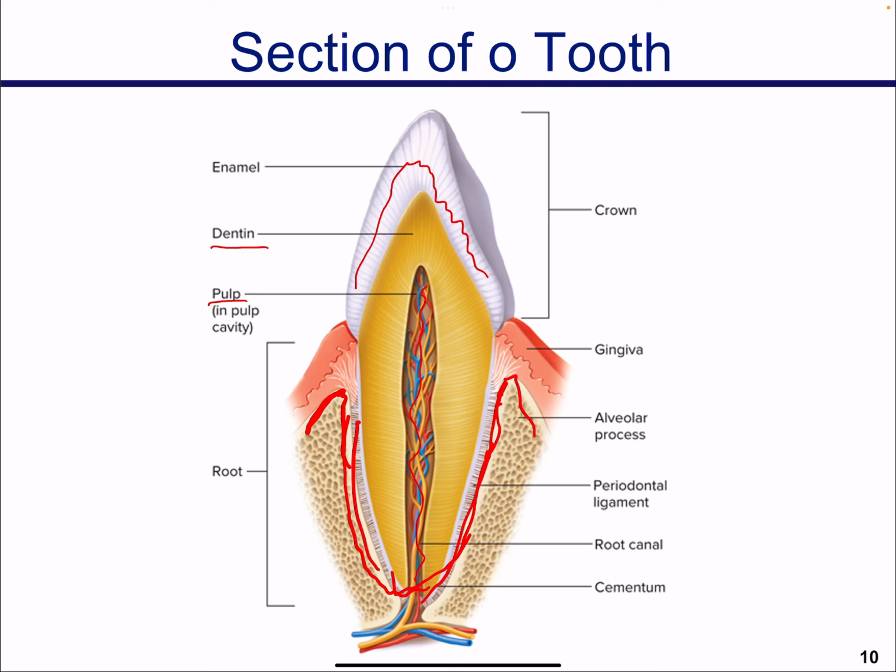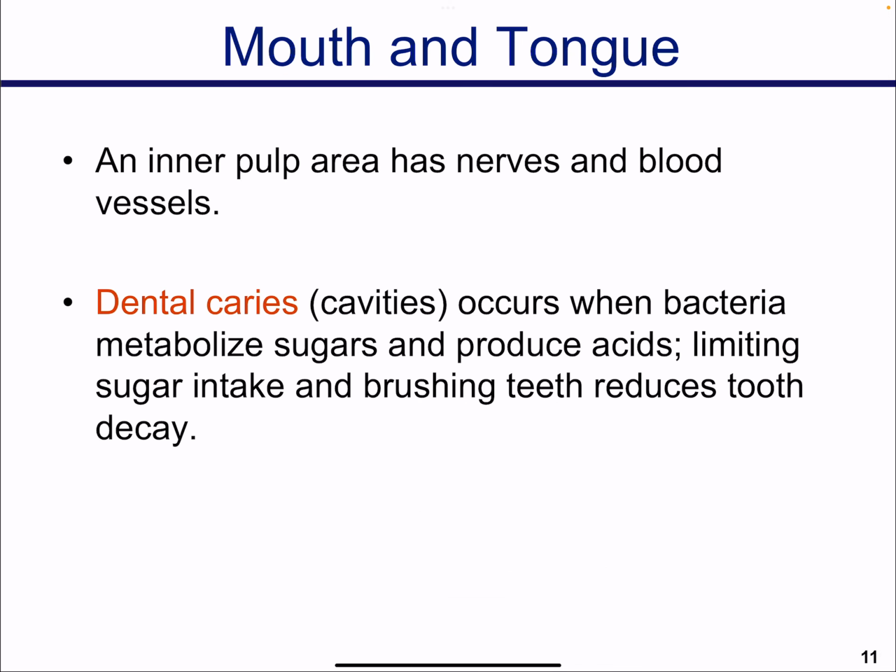And the tooth is sitting in there, and you have many fibrous proteins that are connecting the tooth, the root of the tooth, to the socket. All right, so the tooth can stay in place.